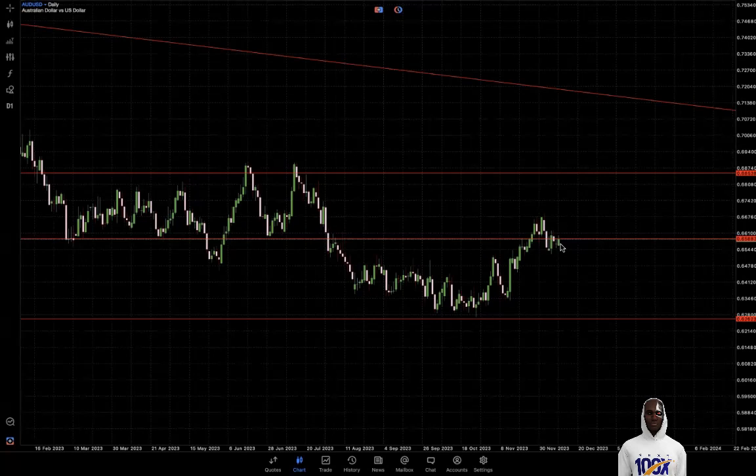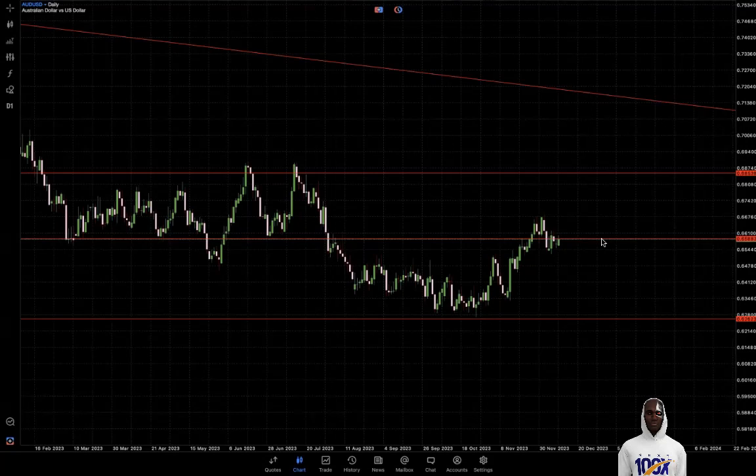We see that yesterday opened and closed as an indecision candle. What an indecision candle means is that it is a candle that is neither bullish nor bearish.